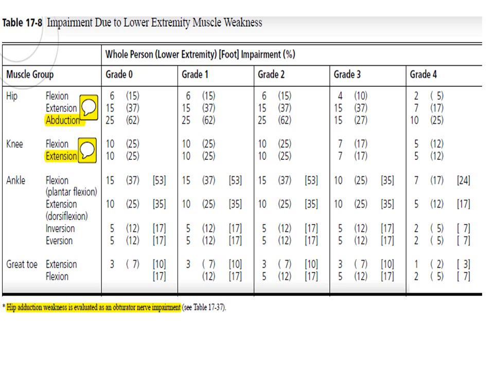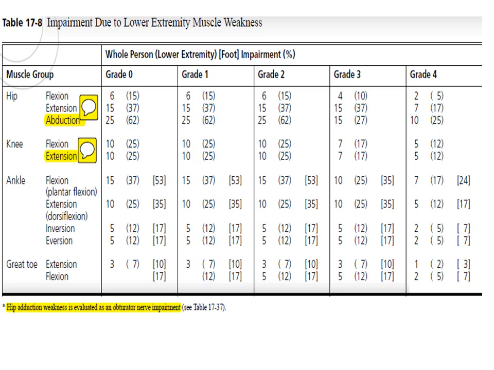So this gives us an idea as to what the AMA guides consider to be important joint functions. And I want to just compare some of these impairment percentages to amputation as described in table 17-32.